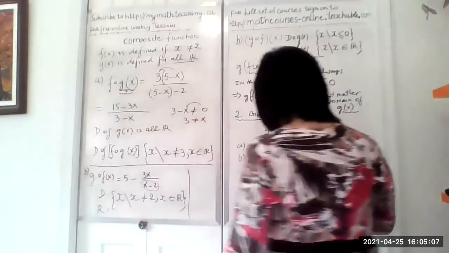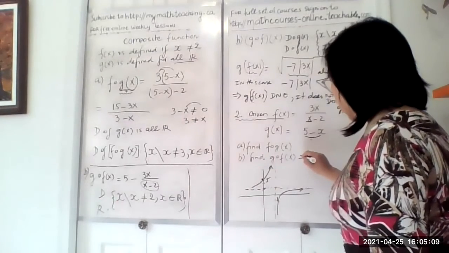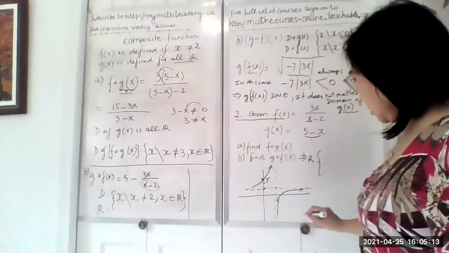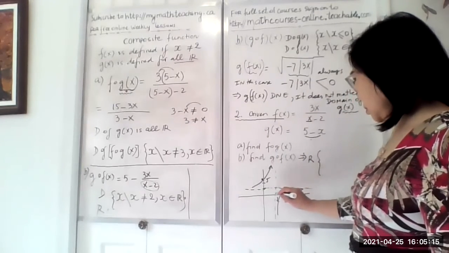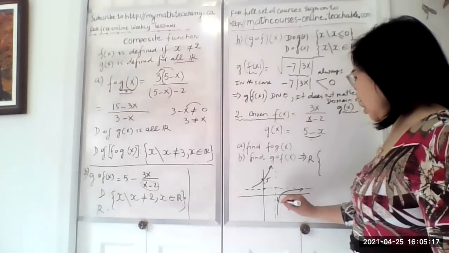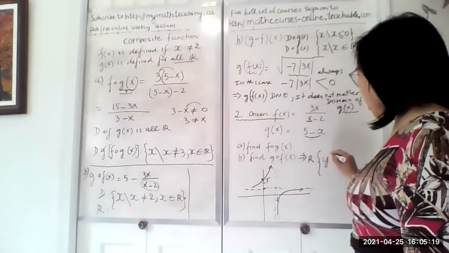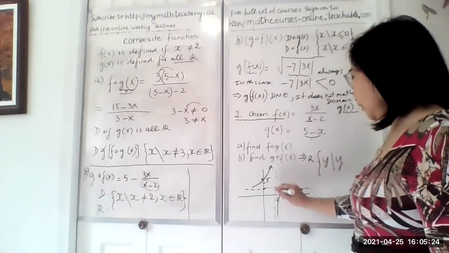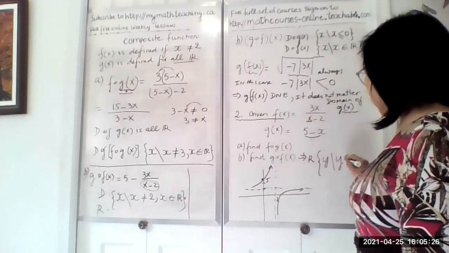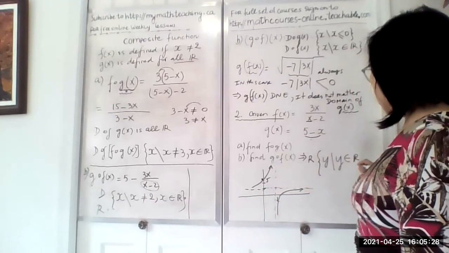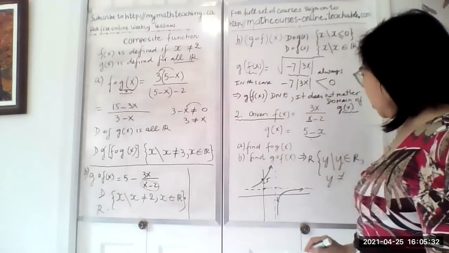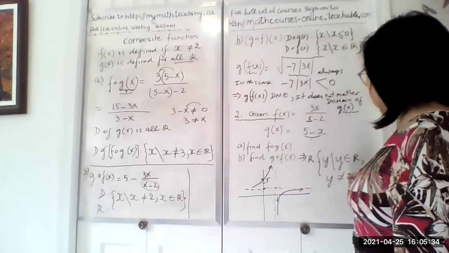What is the range of this function? The range will be the set of y such that y can be from negative infinity to positive infinity, so y belongs to the real numbers, except that y has to be different from 2.